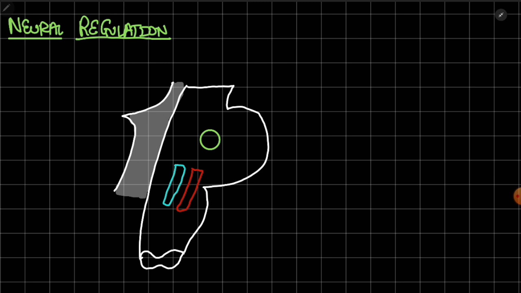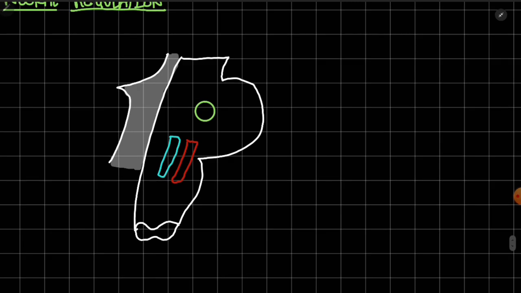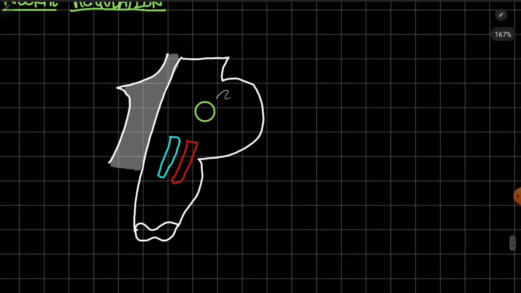So what is the green structure, the blue structure and the red structure? Basically this is the pneumotaxic center.